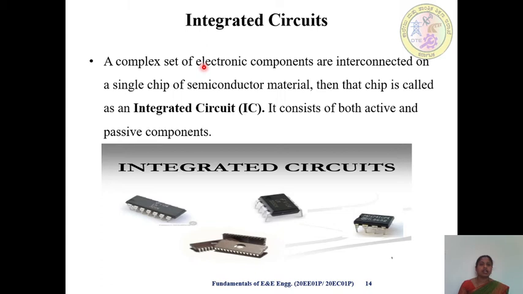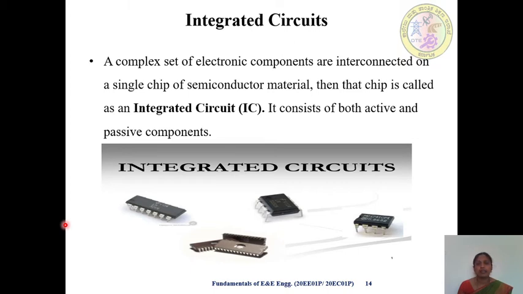Next topic is integrated circuits. It is also called IC. IC is nothing but an integrated circuit. What is meant by an integrated circuit? A complex set of electronic components are integrated on a single chip of semiconductor material.